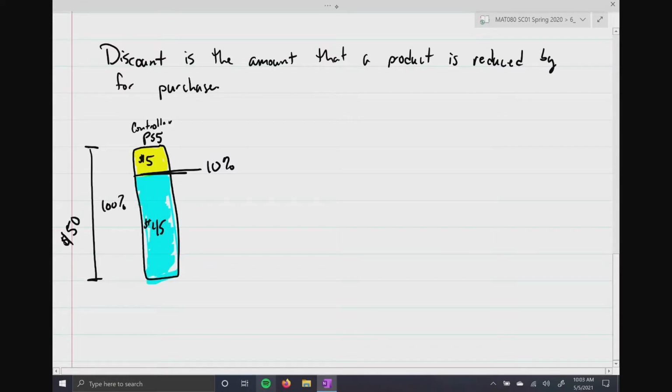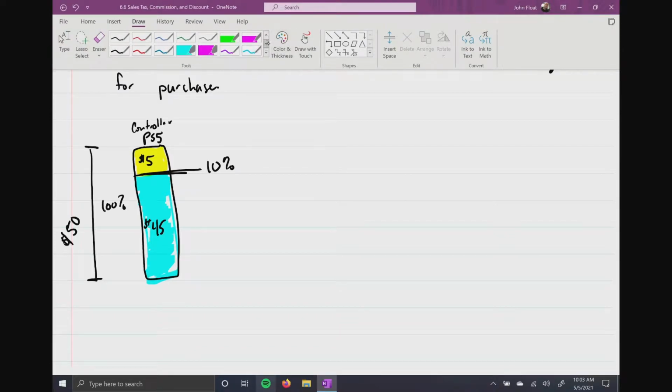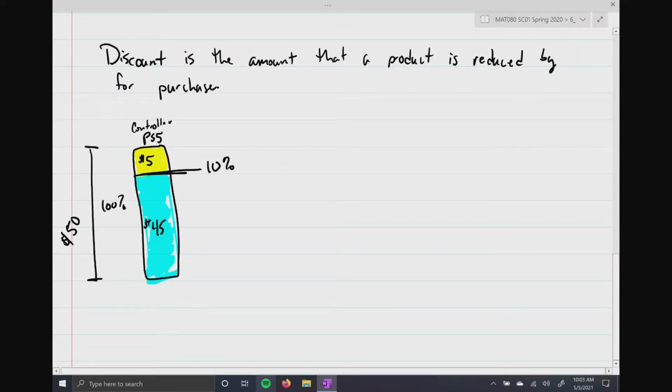Okay? And that's exactly how discounts work. So if you think about it in terms of that, there are multiple ways to do discount problems. You could find the amount of discount and then subtract it from the original price, or you could take the percentage of what you're actually going to pay and just multiply that times the purchase price.